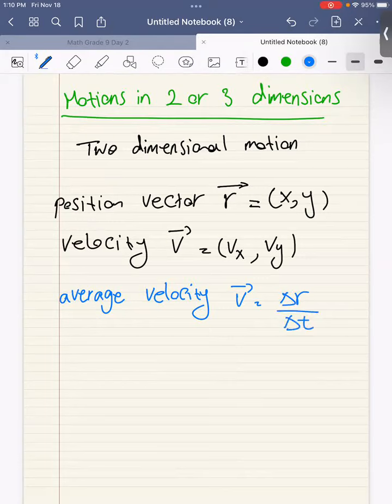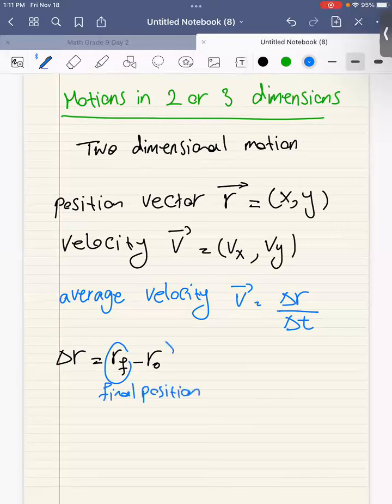But what is delta r? Delta r is the change in position, so it is r_f, the final position, minus r0, the initial position.